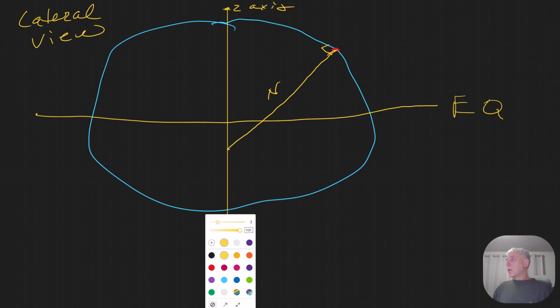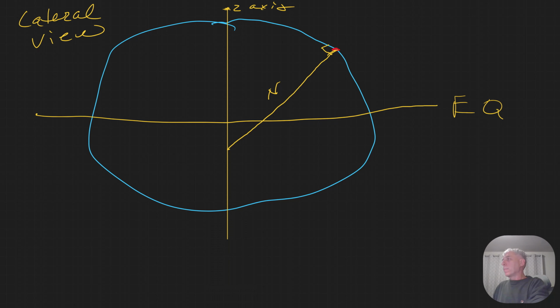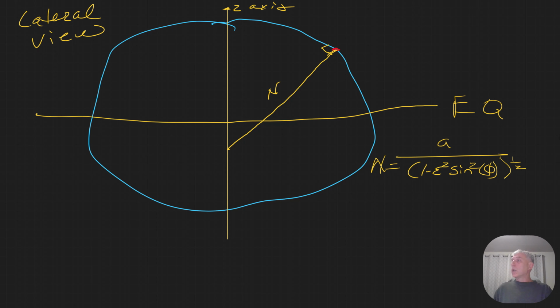And if you'll remember, N is equal to a over the quantity 1 minus e squared, or epsilon squared, times sine squared phi. Now, all of that denominator to the 1/2, or the square root of the denominator, that's our N.